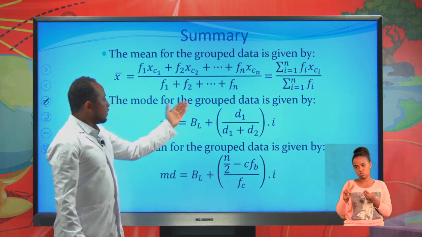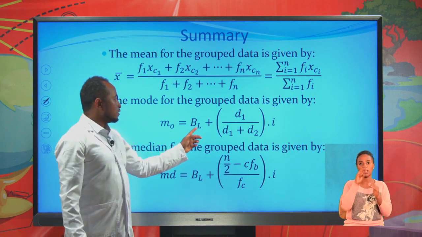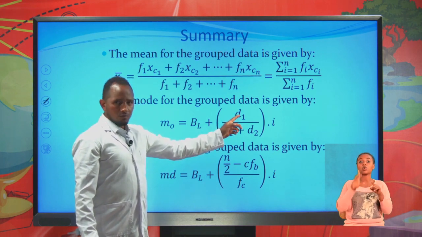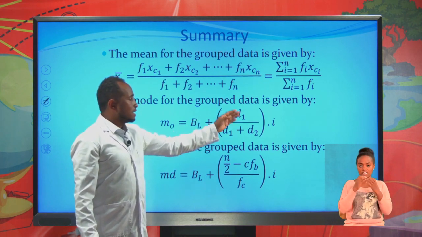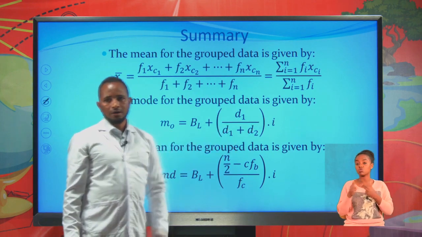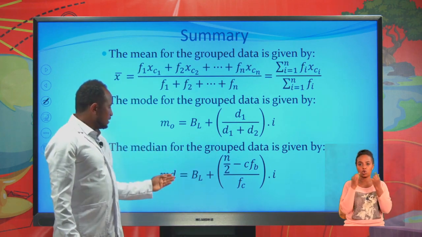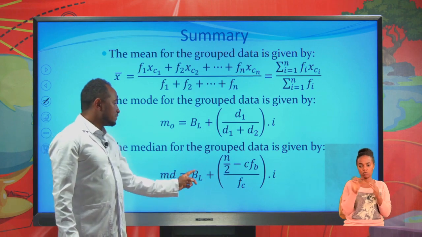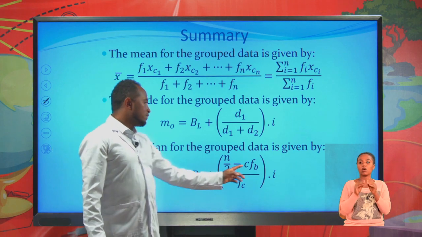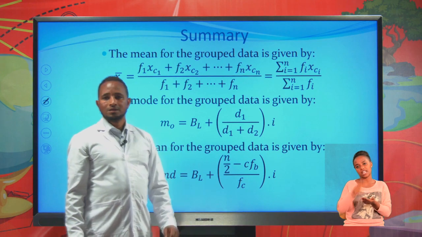And the mode for group data is given by the lower class boundary of the modal class plus D1, the difference between the frequency of the modal class and the preceding class, divided by D1 plus D2, times I. And the median for the group data is given by the lower class boundary of the median class plus n over 2 minus the cumulative frequency before the median class, divided by the frequency of the class, times class size.